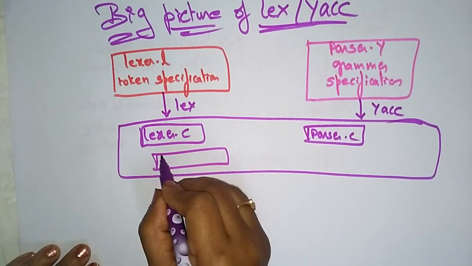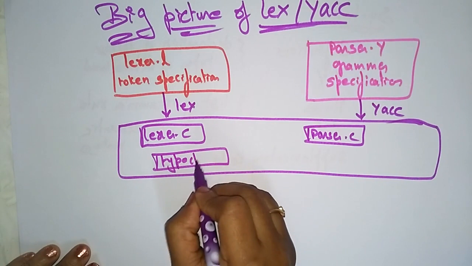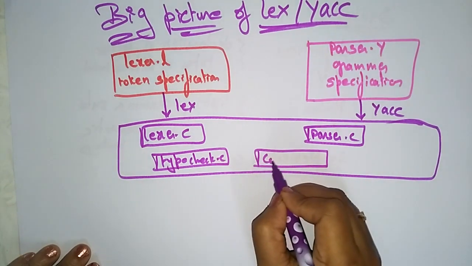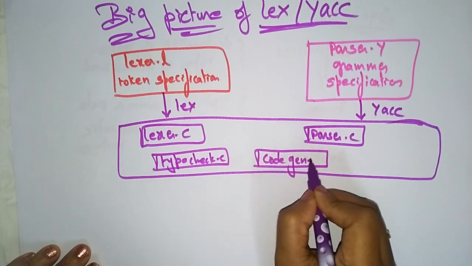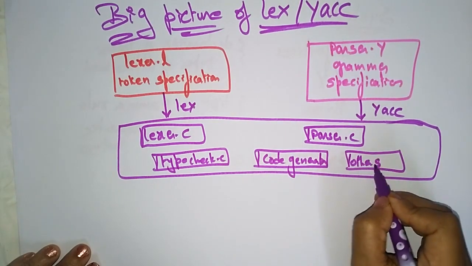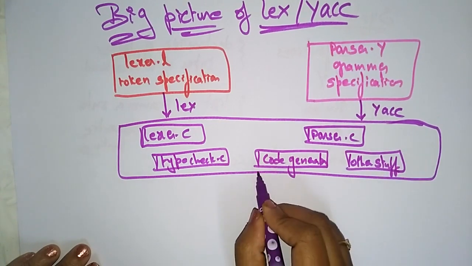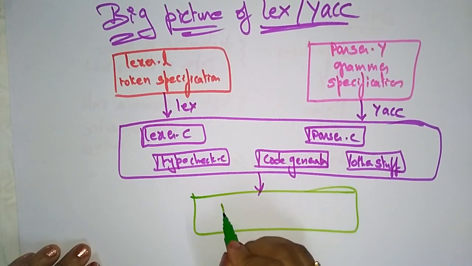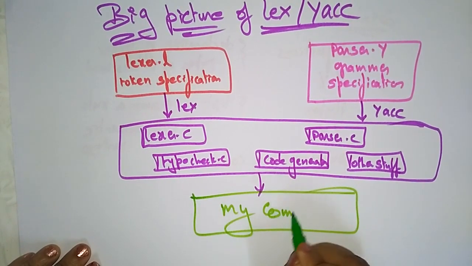And here some other components will already be there, such as typecheck.c, a code generator, and other stuff. Finally, you will get your own compiler, my compiler.